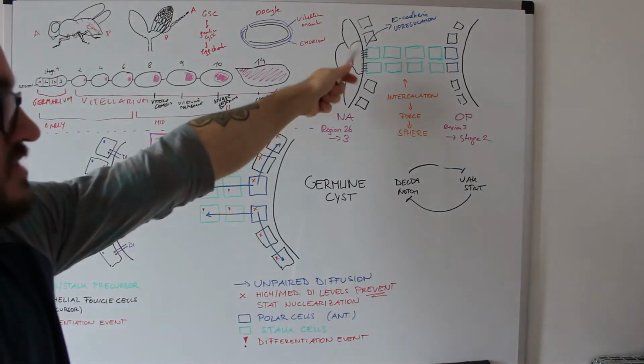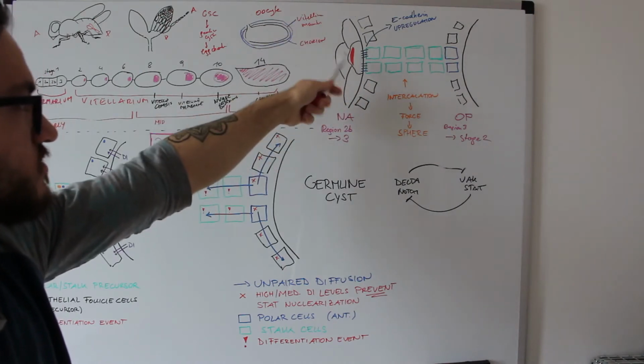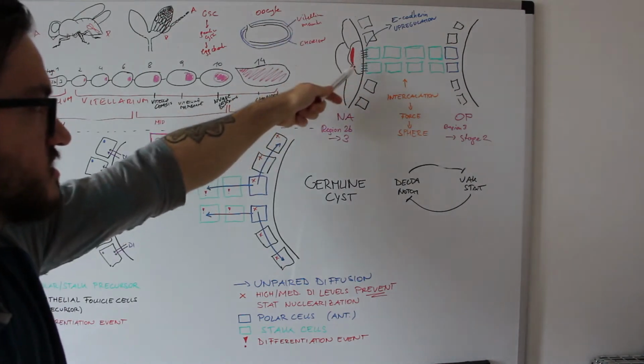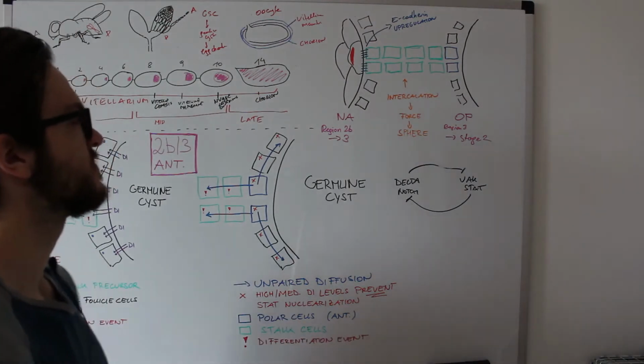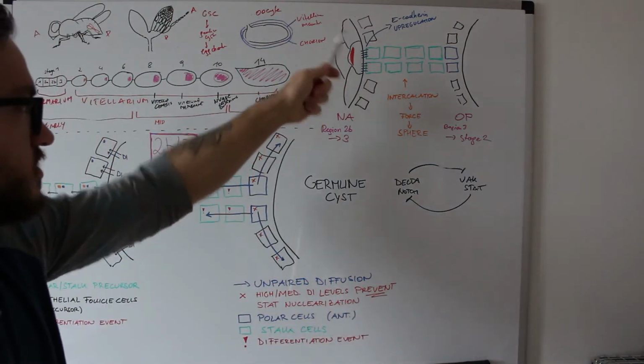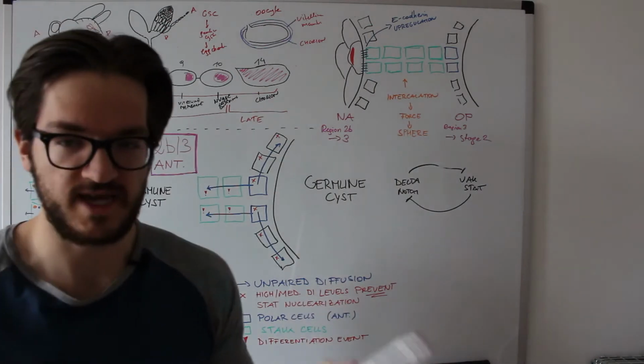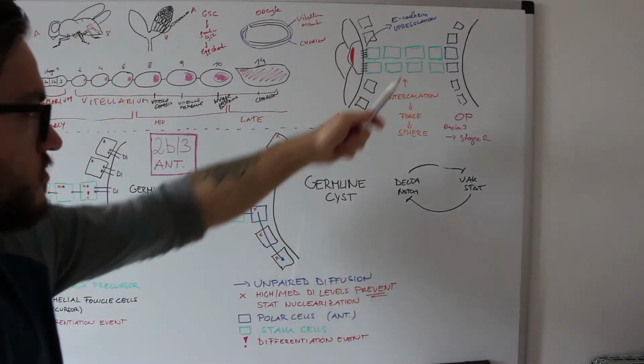So that is what occurs here, preferential adhesion between the oocyte and these stalk cells, which are in fact prospective posterior polar cells. And that leads to the posterior localization of the oocyte. That's the second thing that occurs through stalk formation.